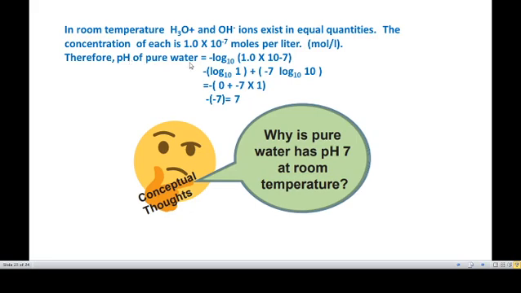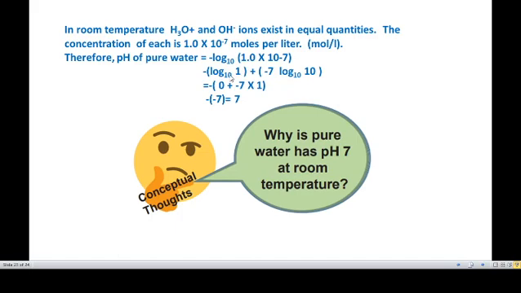Therefore, the pH of pure water is equal to minus log 10 of the concentration. Substituting 1.0 × 10^-7, we get minus log of 1 times 10^-7, which is log 1 plus log 10^-7.